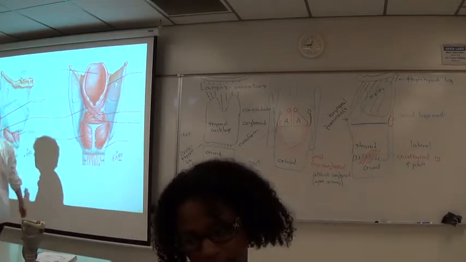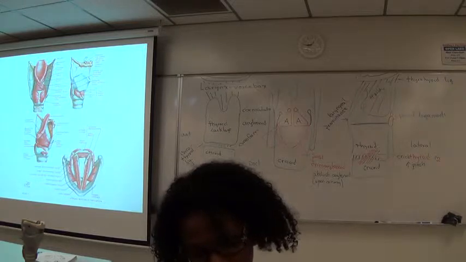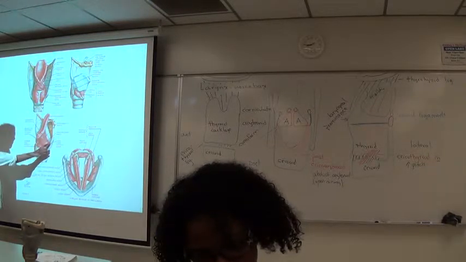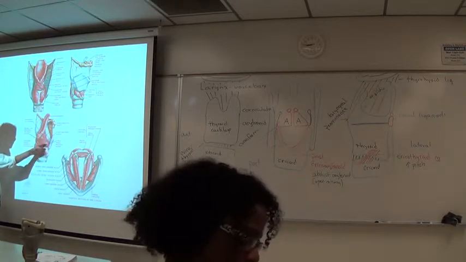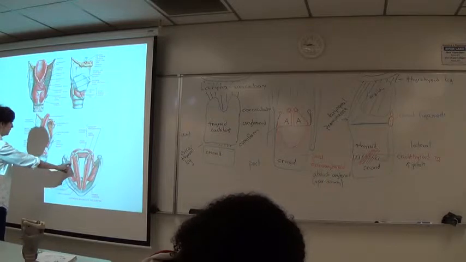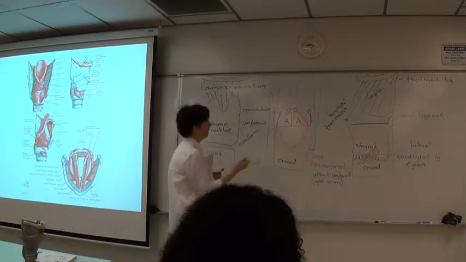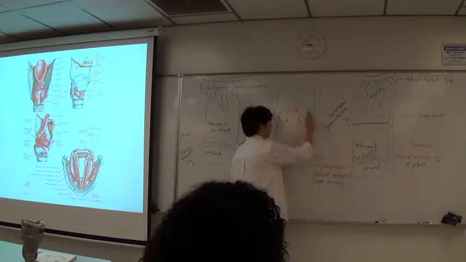The lateral ones are a little bit easier to see, I think, on the neck. Yeah. So here the thyroid cartilage is in a cutaway. You're looking on the inside. So these are the lateral ones here on the inside. Let me do a different color. They're going to be from here.